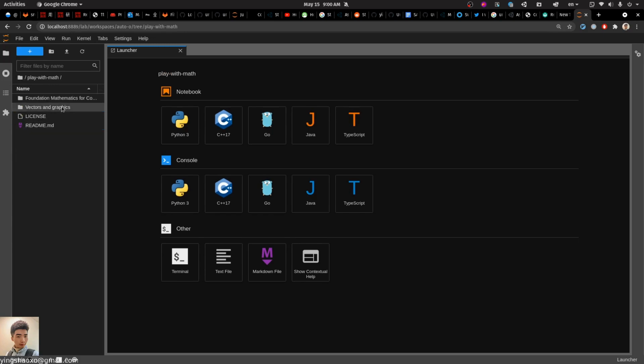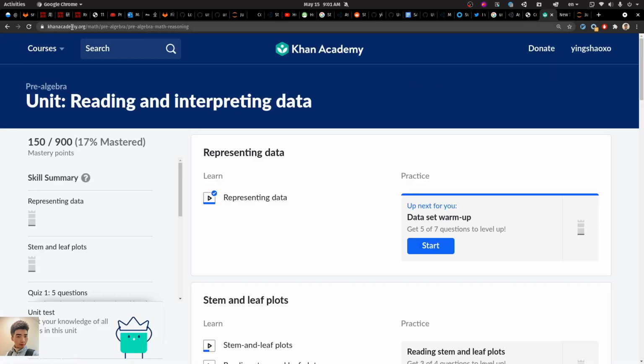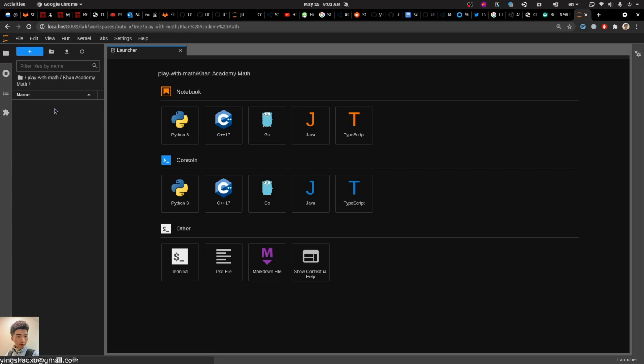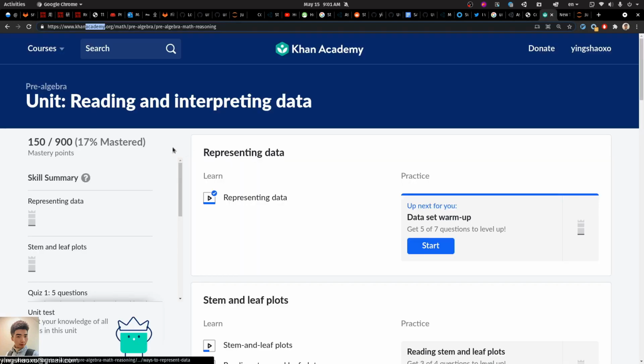So let's go on, play with math. Here we already have 2 folders. And for today, I'm going to create a new folder, and I'm going to call it Khan Academy Math. And inside of that folder, we have to also create another folder. Let's say I'm going to call it pre-algebra.